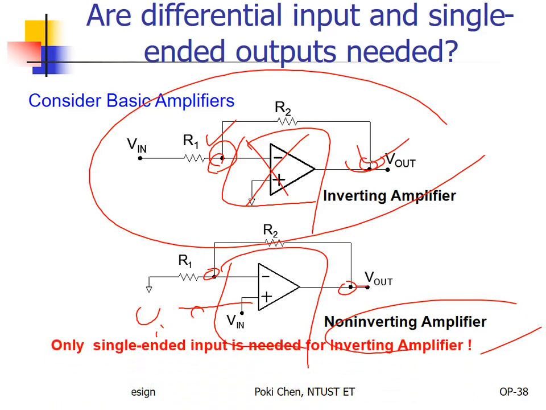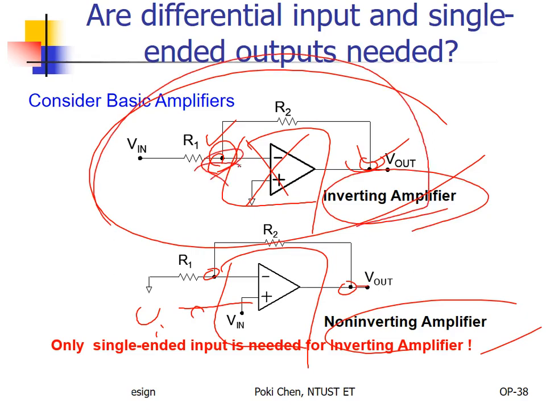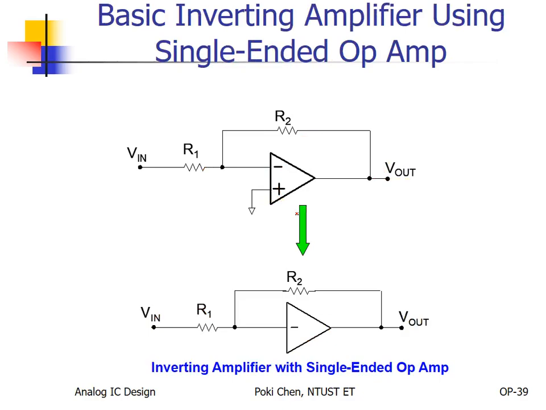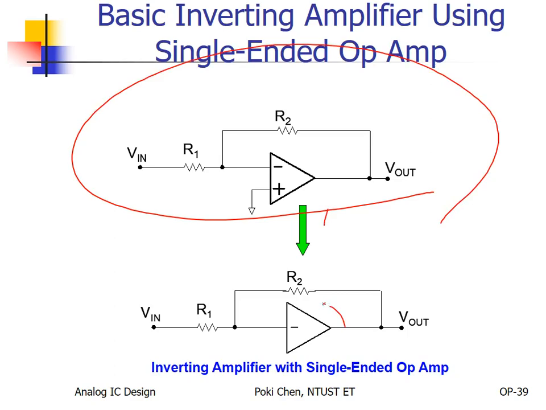So it means for the inverting amplifier, for the whole circuit, actually, we only need 1 input and 1 output. That's it. I don't care about the others, as you like. Right? So, in theory, we can reduce this to that as a black box, only if this one can provide large enough negative gain.